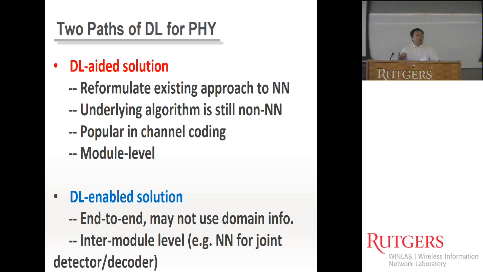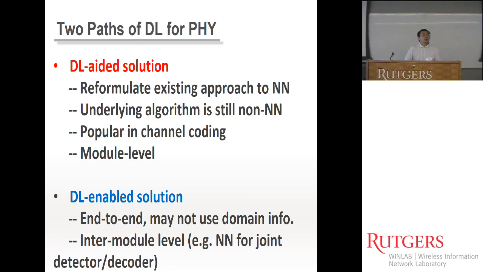We do not use zero forcing, MMSE, or AMP, just neural network-based solutions for some important modules. Or even further, we can design a unified neural network for inter-module design, like the joint detector and decoder design. We can just use one neural network to do that.